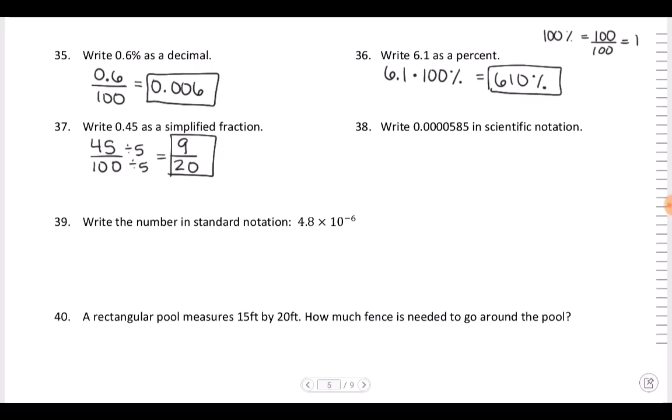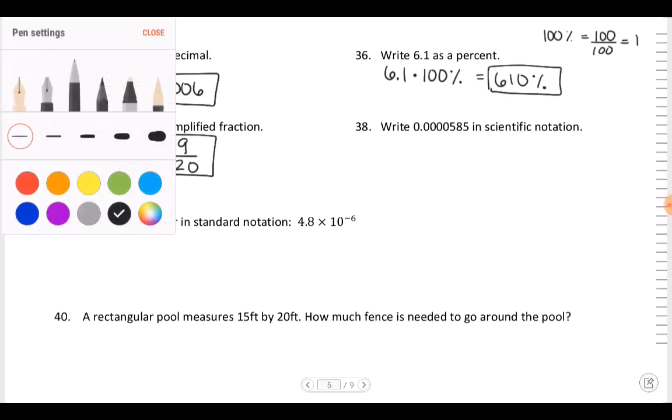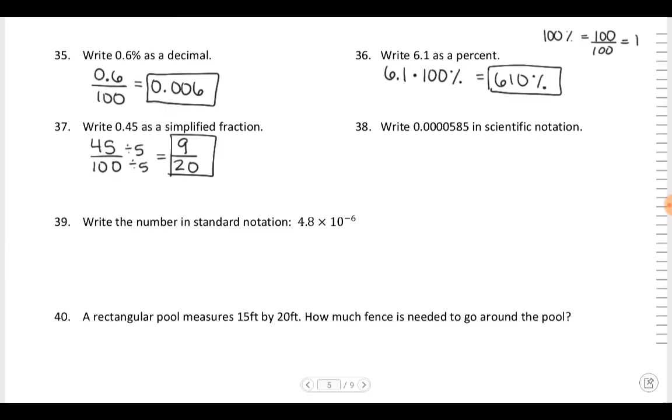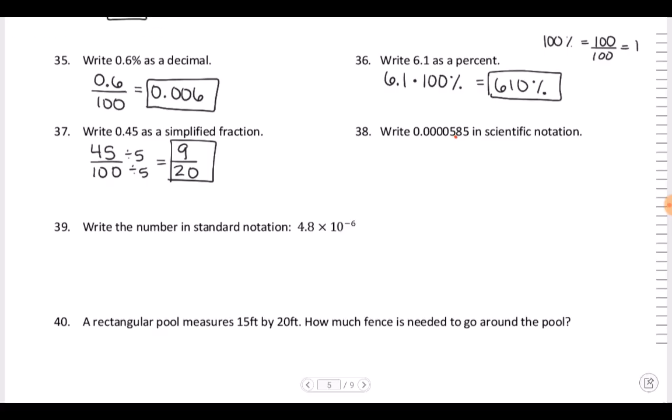Okay. Write all of this stuff in scientific notation. Okay, so scientific notation, you want to write the first non-zero digit from left to right. So you want to put the decimal point right after that number. So what I'm trying to do is move my decimal point right there. That's where I want my decimal, right there. So I'm going to eventually get 5.85, but in order for these to be equivalent, I have to multiply this by 10 raised to some power.